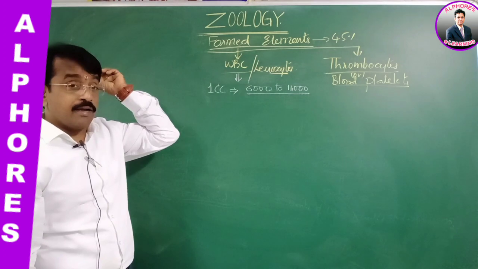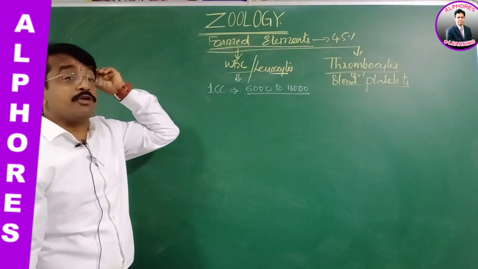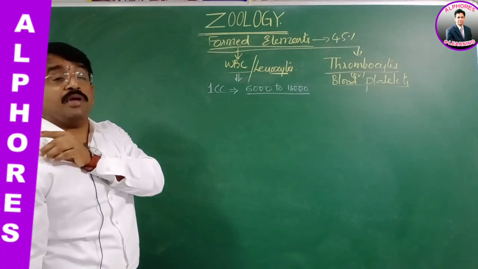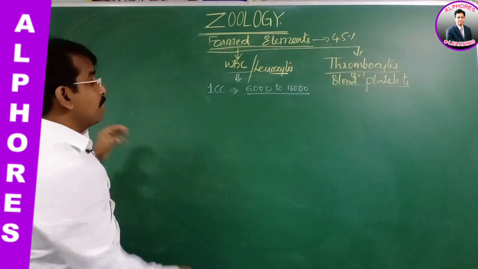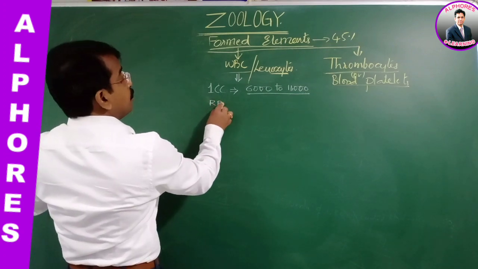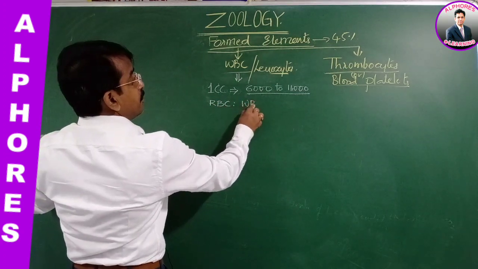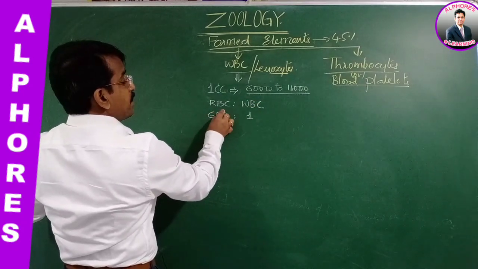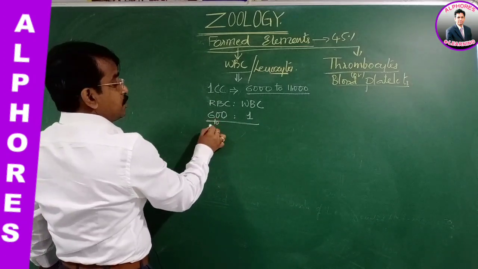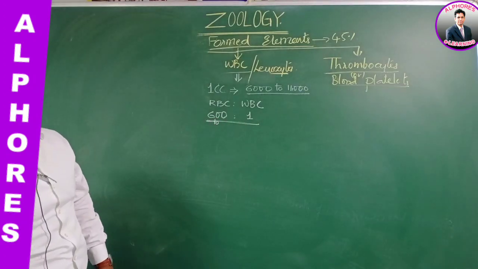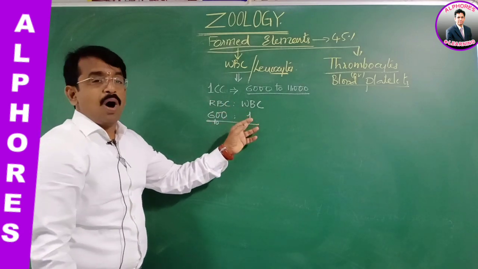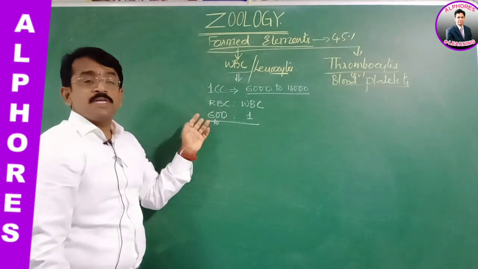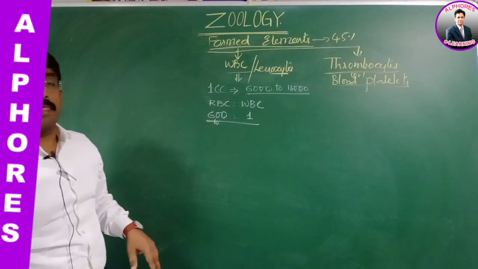What about RBCs? Per cubic millimeter we see 4.5 million to 5 million. So what is the ratio of RBC to WBC? Per every 1 WBC, there are 600 to 700 RBCs, so the ratio of WBCs to RBCs is 1:600 to 700 in number.